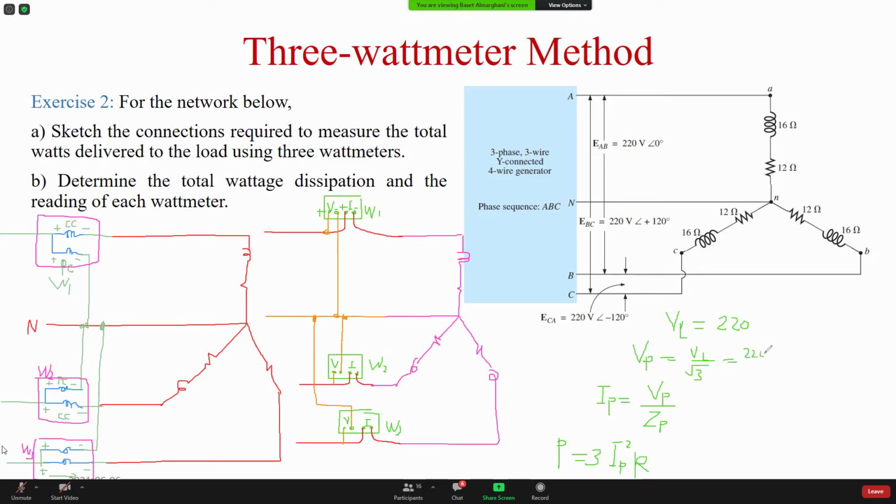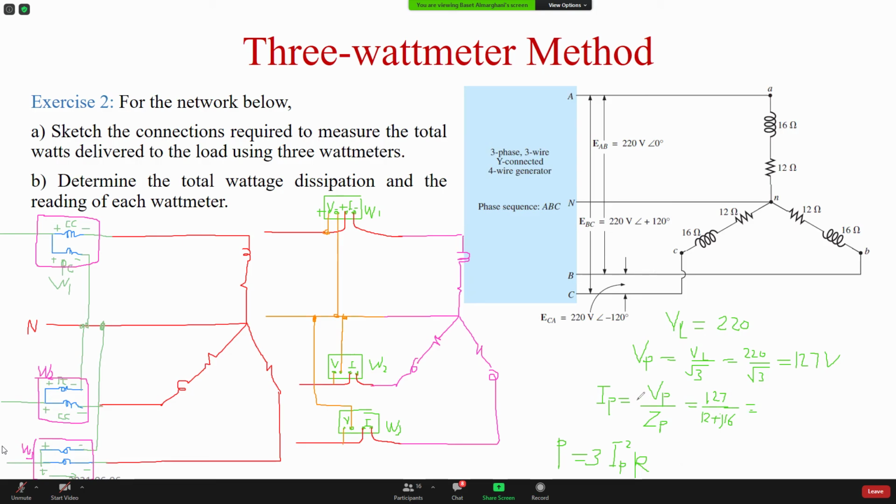220 divided by square root of 3. So this gives me, how much is this? 127? Then 127 divided by 12 plus J16. The phase voltage divided by the phase impedance. Whatever it gives me here, I don't care about the angle.